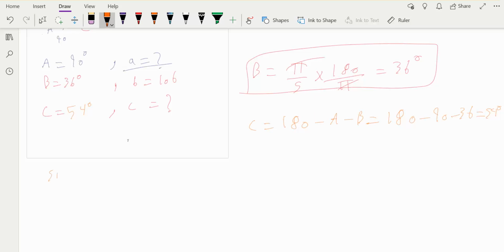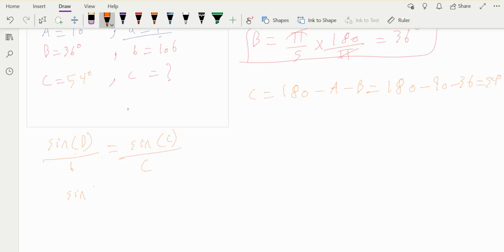So sine of B over side B equals sine of C over side C. So this would just be sine of 36 over side B, which is 106, equals sine of 54 over C. So C would just equal 106 sine of 54 over sine of 36, and this would equal, just 1 second, pretty big number, 145.9.